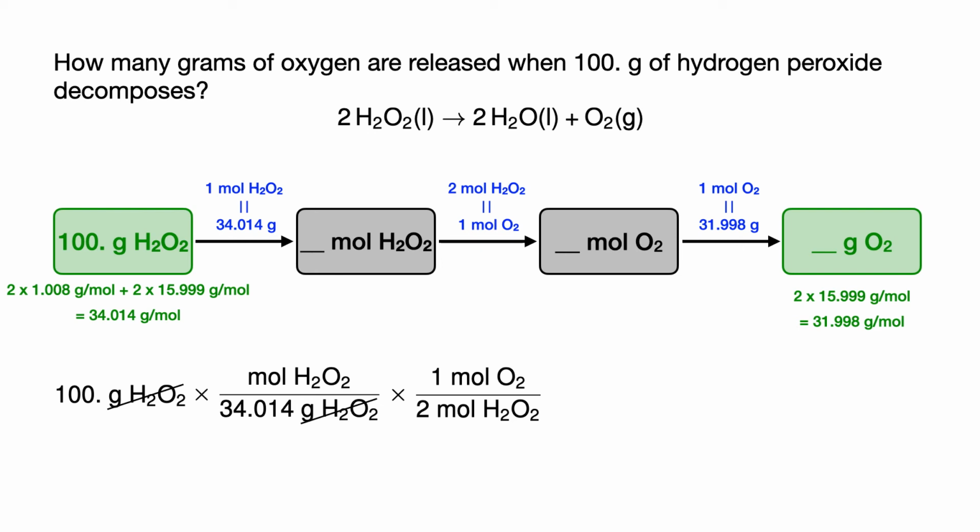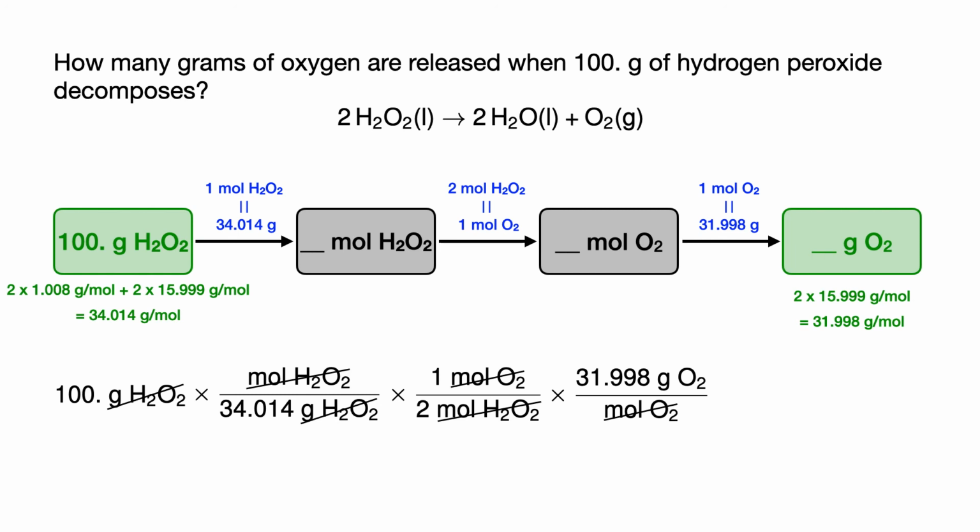And when we include this, moles of H2O2 will cancel. And then finally, to get from moles of oxygen to grams of oxygen, we use the molar mass, 31.998 grams of O2 per mole of O2. Now moles of O2 cancel out, and we're all set.